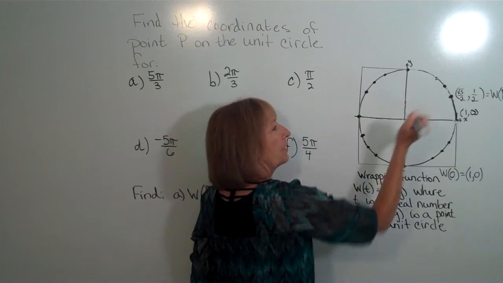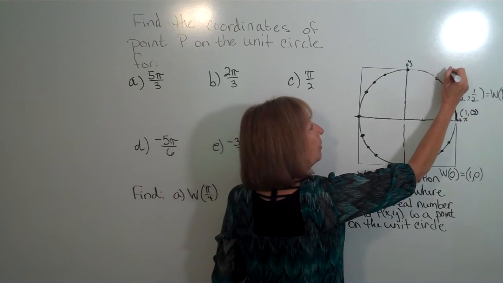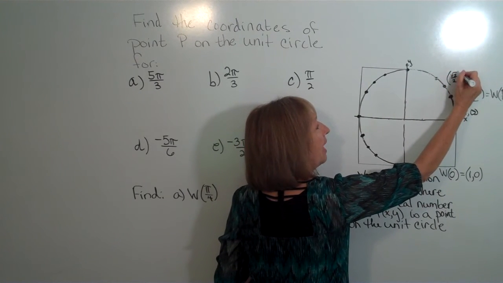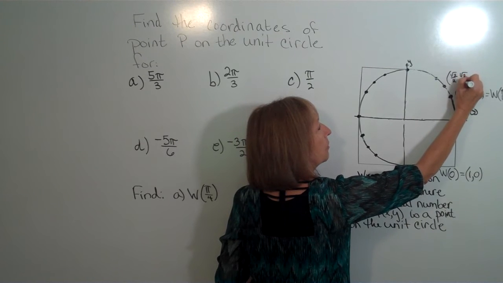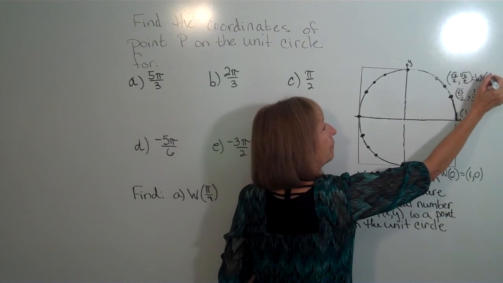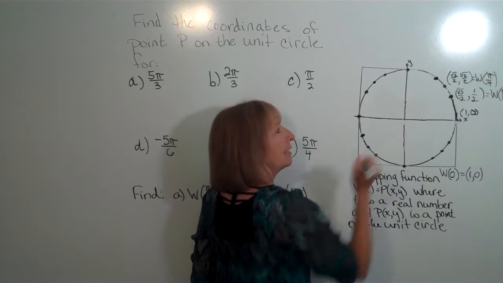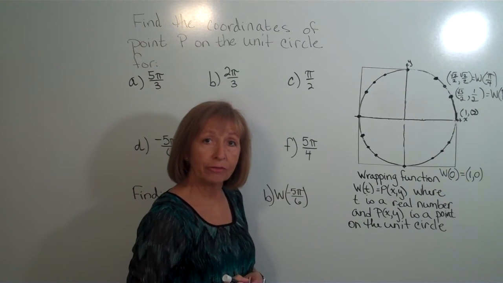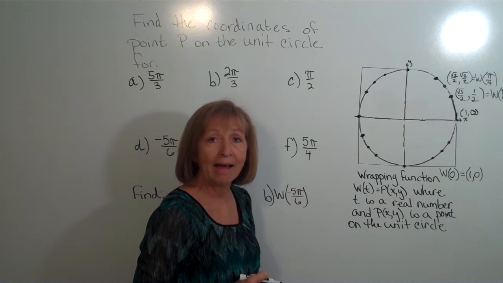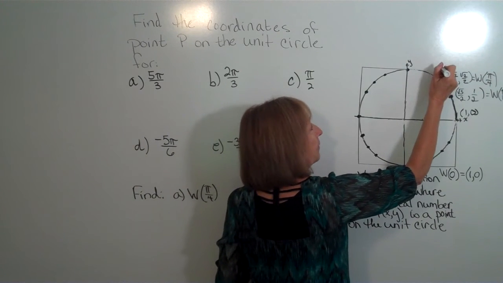Now the next one is pi over 4. And remember, the cosine of pi over 4 is the square root of 2 over 2, and the sine of pi over 4 is the square root of 2 over 2. So that's your wrapping function of pi over 4. The next is pi over 3, and the cosine of pi over 3 is a half, and the sine of pi over 3 is the square root of 3 over 2.